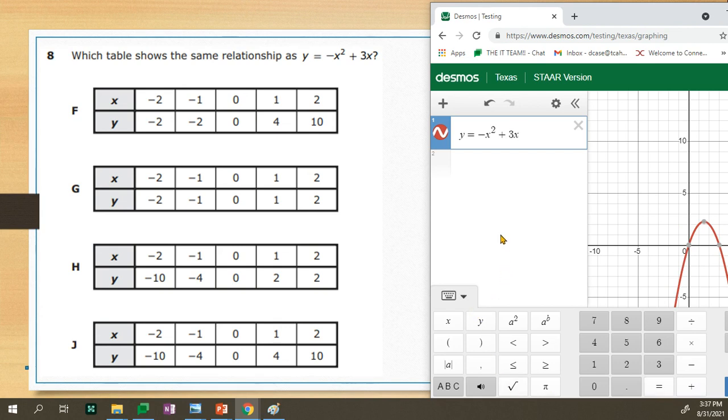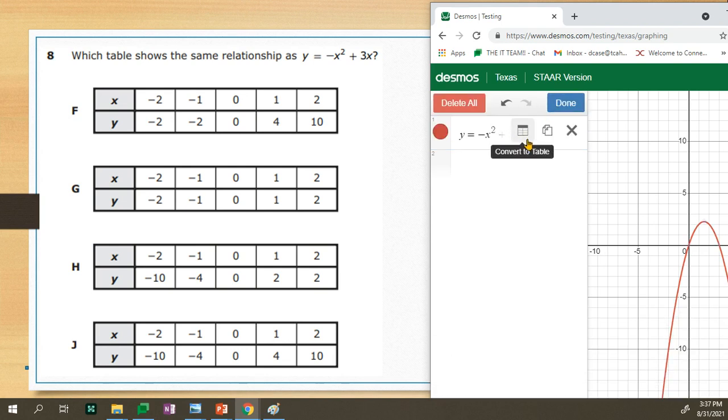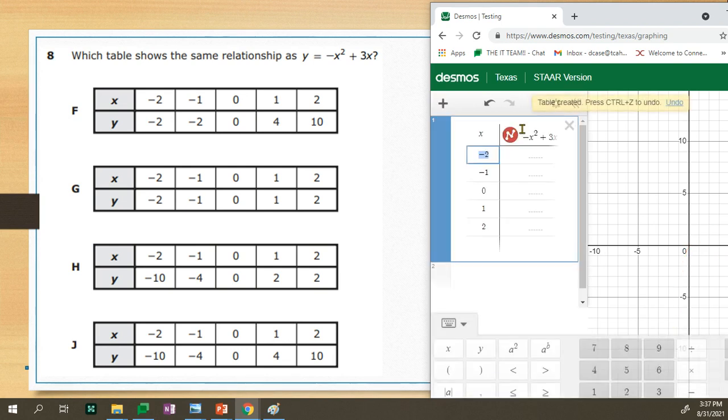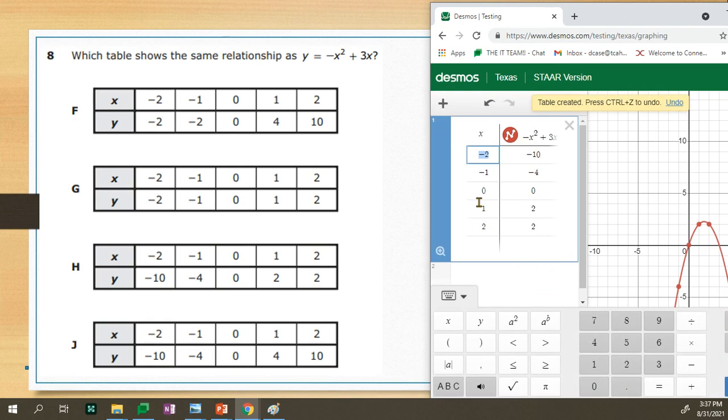Now we want to see a T-chart, and so we're going to punch the flower gear, and we're going to punch the little T-chart. Now, the T-chart that comes up goes through 0, 0. All of our answers go through 0, 0. It goes through 1, 2.